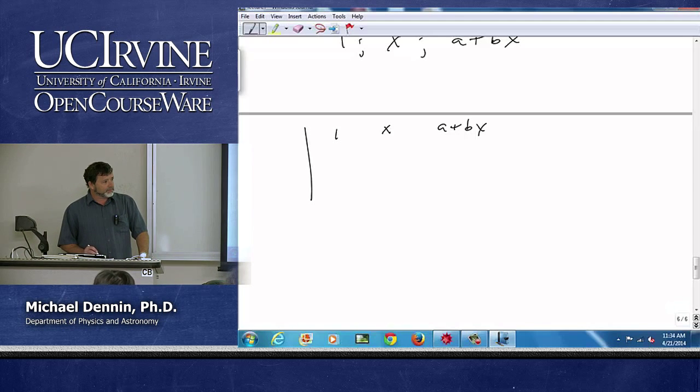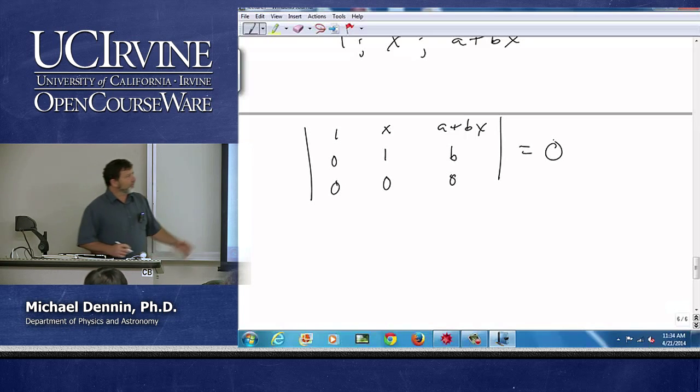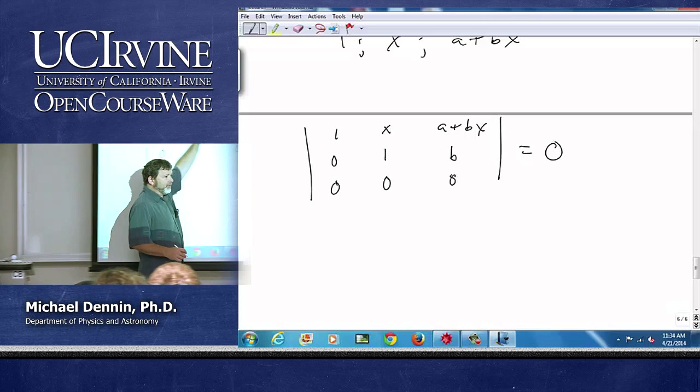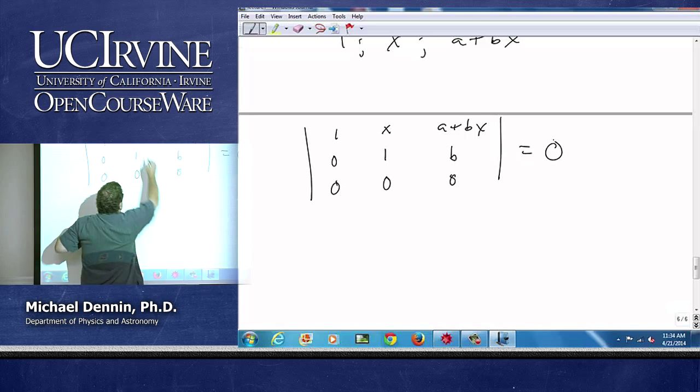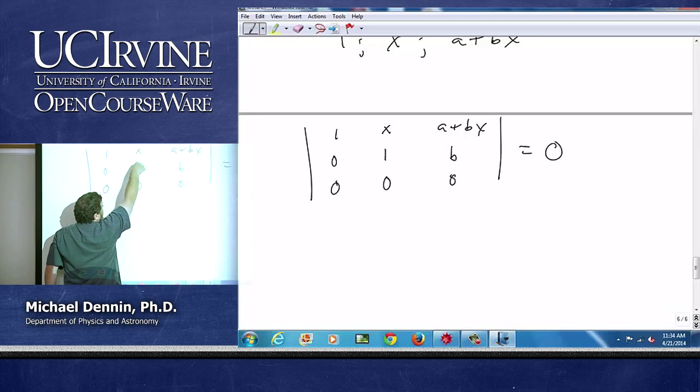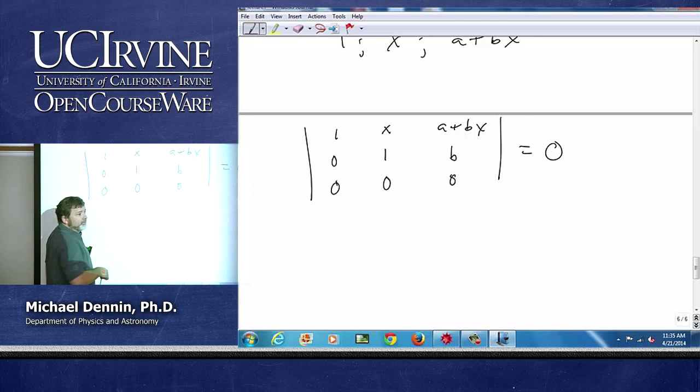What's the derivative of 1? 0. And the derivative of 0? 0. And what's the derivative of x? 1. Derivative of 1? 0. Derivative of a plus bx? b. Derivative of b? 0. And what's that determinant? 0. So these are linearly dependent because the determinant of the Wronskian is 0. Whereas notice the 1 and x, this little piece right here, what's the determinant of that 2 by 2 matrix? 1.